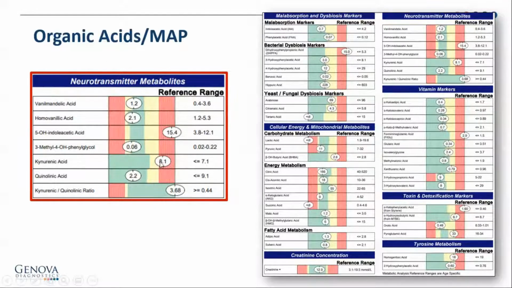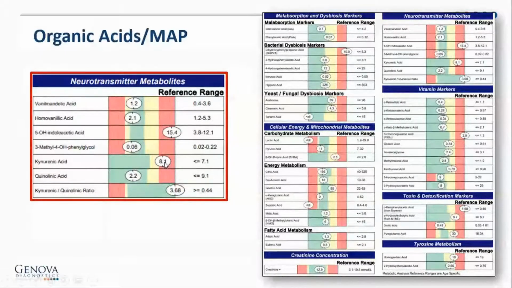So when you see an elevation like this, we know that 5-hydroxyindoleacetic acid is a byproduct of serotonin metabolism, but that under stress, oxidative stress, and inflammation, kynurenic acid, which is protective, can elevate.